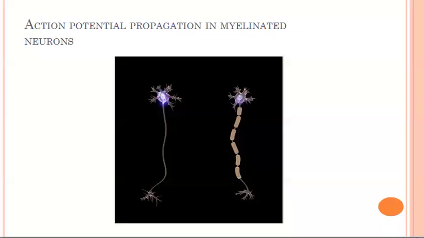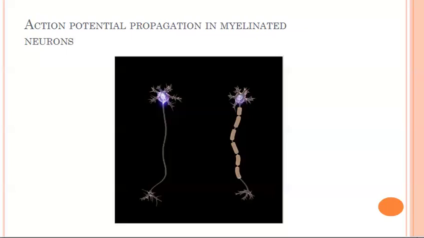Neurotransmitters that open Na plus or calcium Ca plus channels cause an EPSP. An example is the NMDA receptors, which are activated by glutamate, the main excitatory neurotransmitter in the brain.